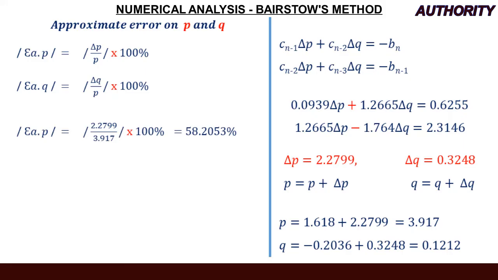And then for the approximate error on Q, which is the absolute value of delta Q all over Q multiplied by 100. So here we have 0.3248 all over 0.1212 multiplied by 100, which is going to give us 267.9868. Are we together? Yes.